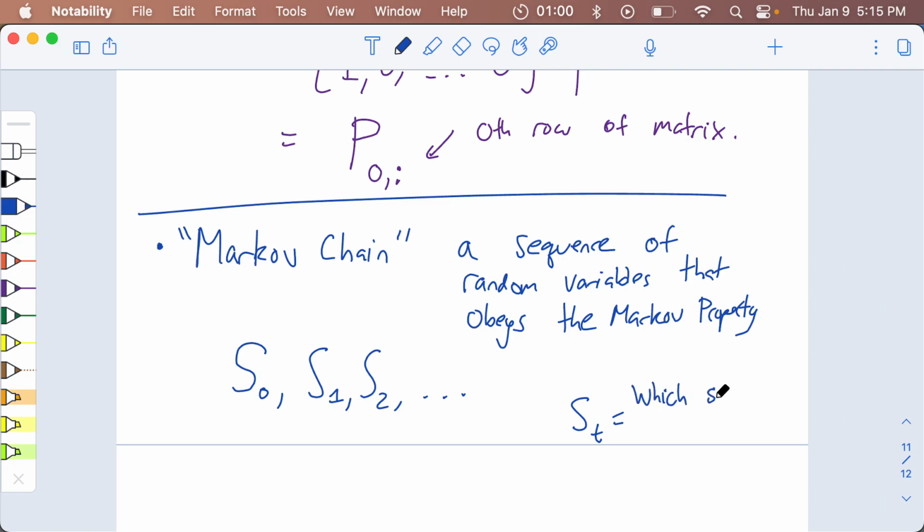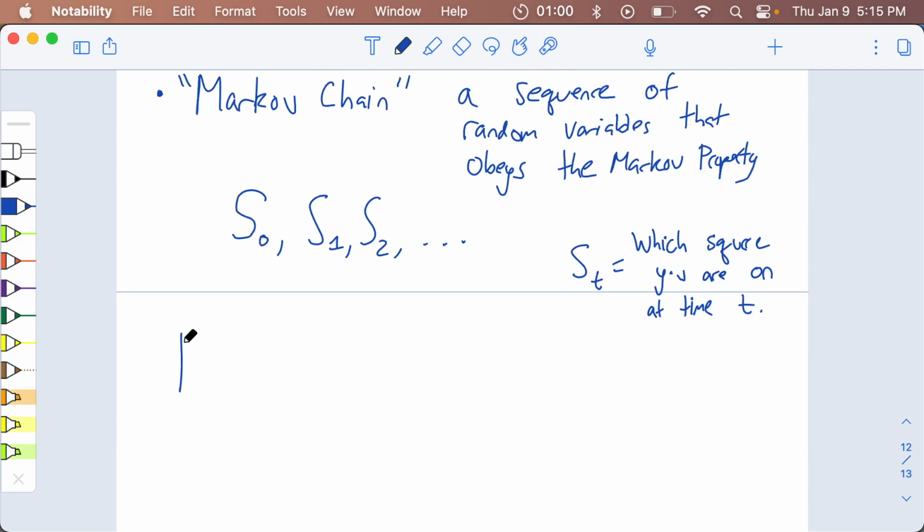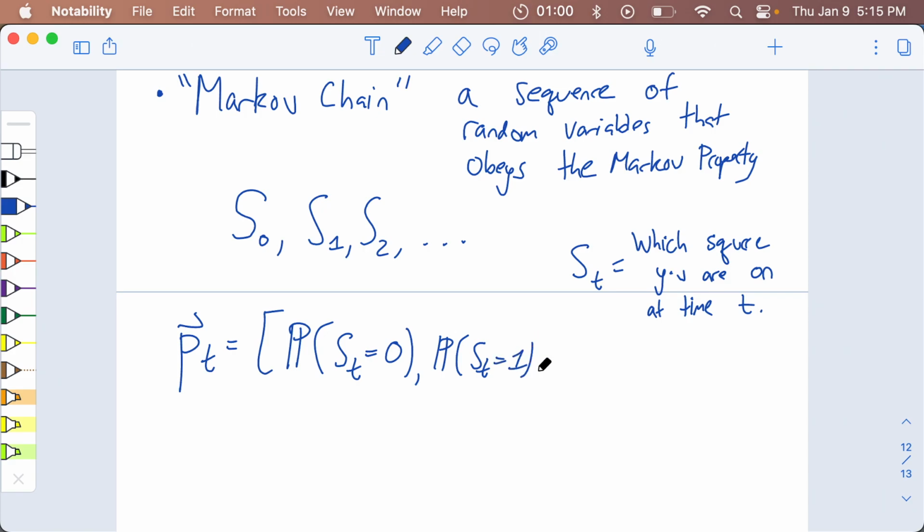It's a random variable because you could be on a number of squares. And the thing we've been doing so far is figuring out stuff about this probability vector, p_t, which is the vector: the probability that S_t equals 0, the probability S_t equals 1, all the way up to the probability S_t equals 9.